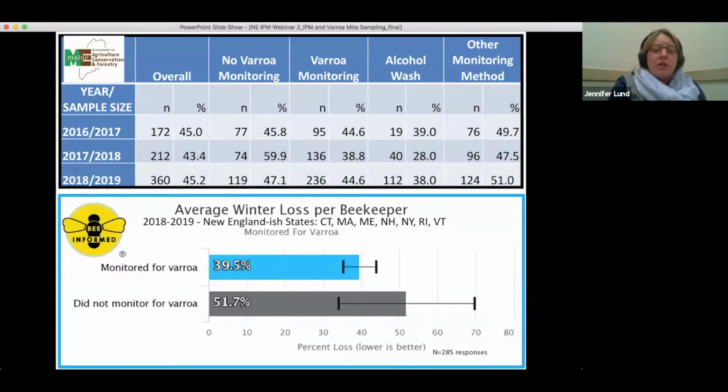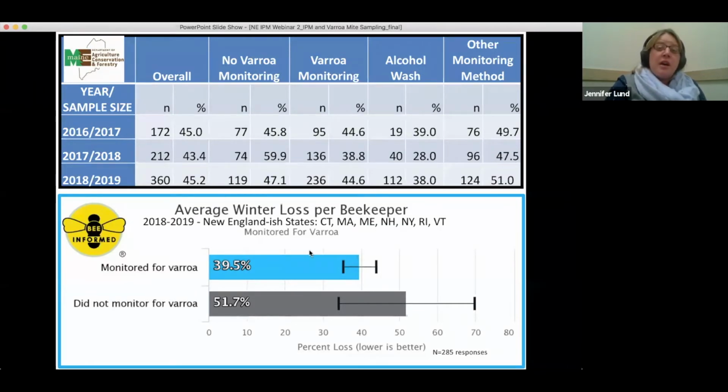Those that are not monitoring, their losses range from 45% to almost 60%. Those that are monitoring, it's 38, 39% to 45%. Those that are using alcohol washes have their losses overall on average run between 28 and 39%. So by far, those that are monitoring using alcohol washes are having lower losses on average than those that are not.